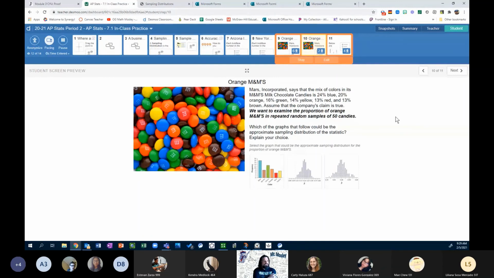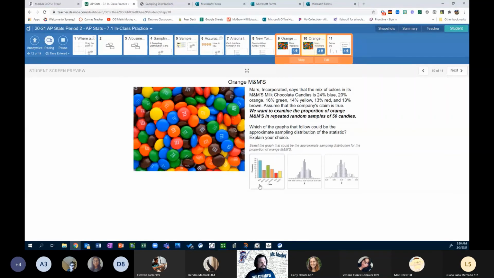The next question, which of the graphs that follow could be the approximate sampling distribution of the statistic? The first graph is a bar graph. That means that it's not necessarily the type of distribution we're looking for. This bar graph simply shows the results of a single sample.